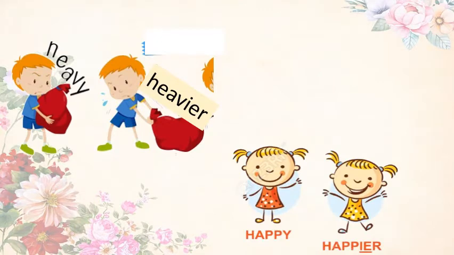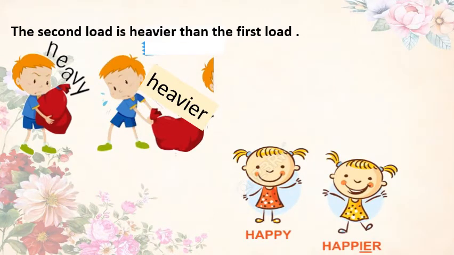Okay. See, two more pictures are there. In the first one, the second load is heavier than the first load. See, he is pulling. Correct? The second load is heavier. Here also we are comparing the two loads. First one is heavy, but second load is heavier than the first load.